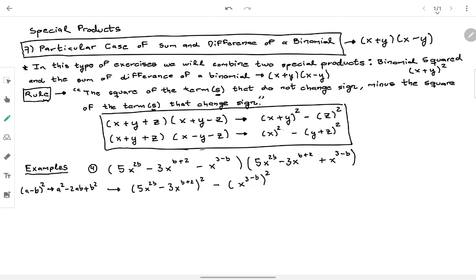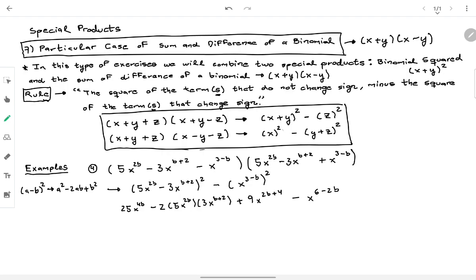So our final answer is going to be 25x to the 4b minus 2 that multiplies 5x to the 2b multiplied by 3x to the b plus 2 plus 9x to the 2b plus 4 minus x to the 6 minus 2b.